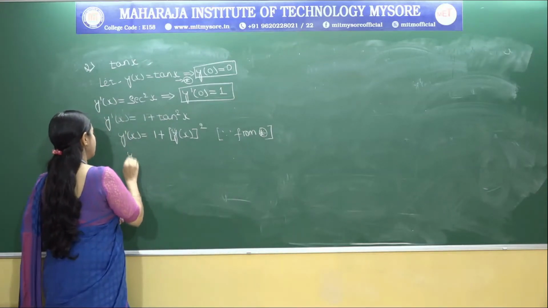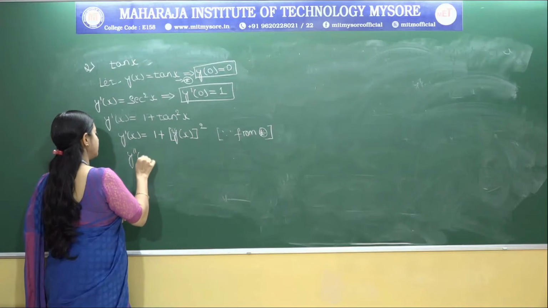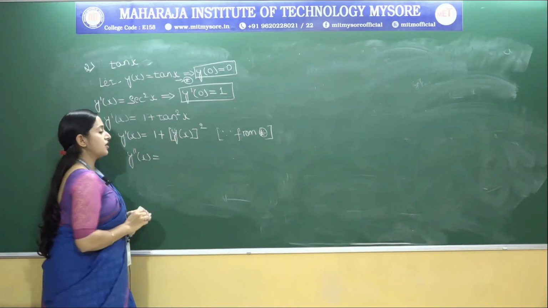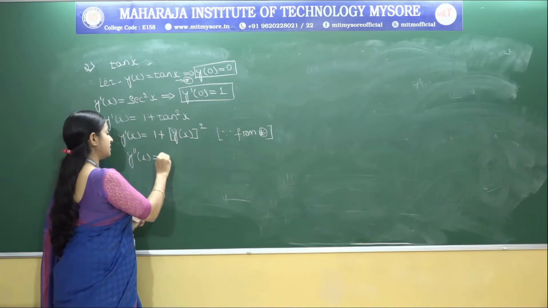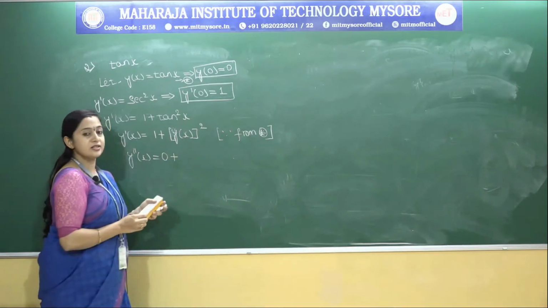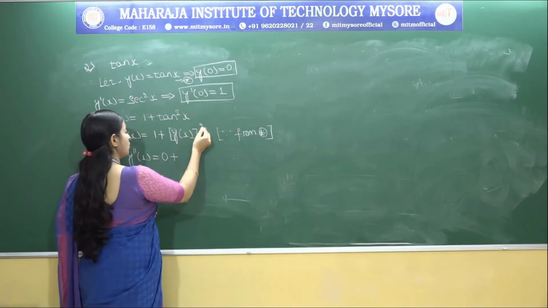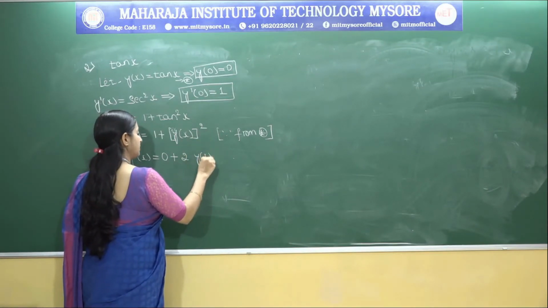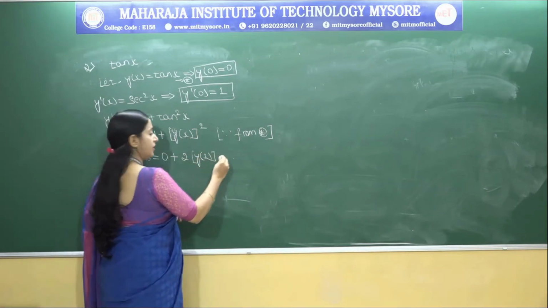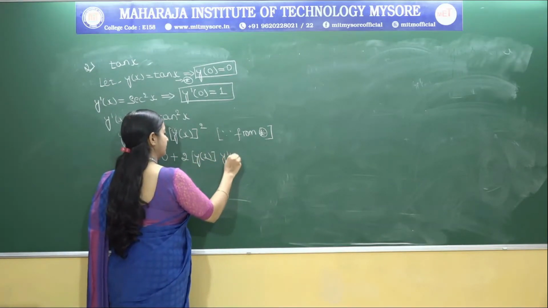Next differentiation. To make the differentiation easy, I consider this function as the given one, y of x. So in the next differentiation, the 1 is a constant, so its differentiation is 0. So y of x whole square, the differentiation is 2y of x, then differentiate y, you will get y dash.